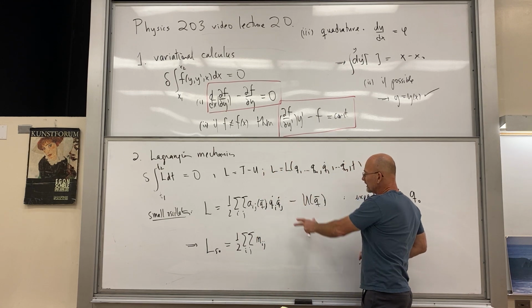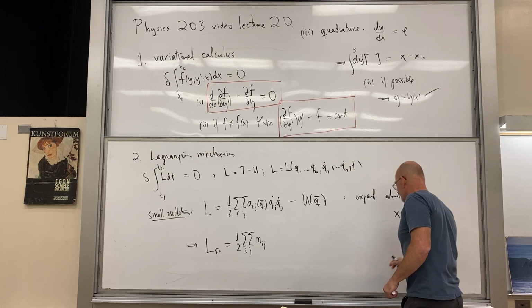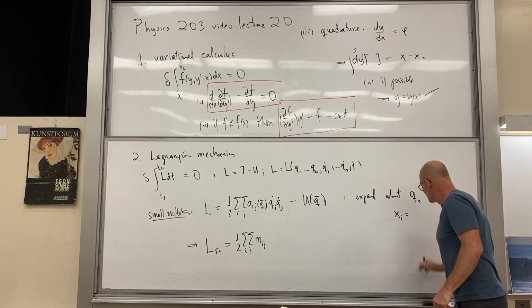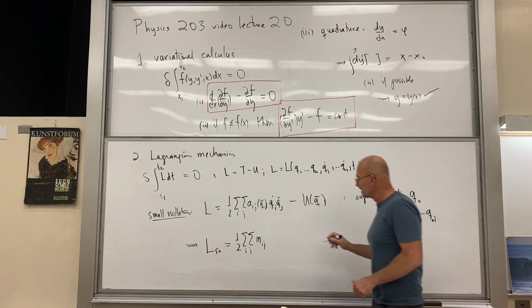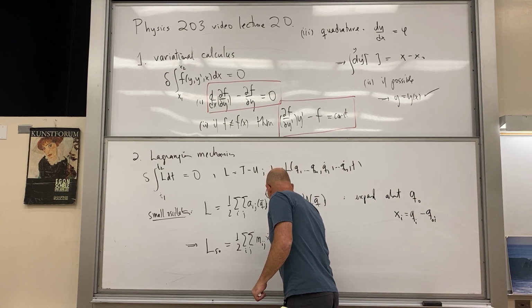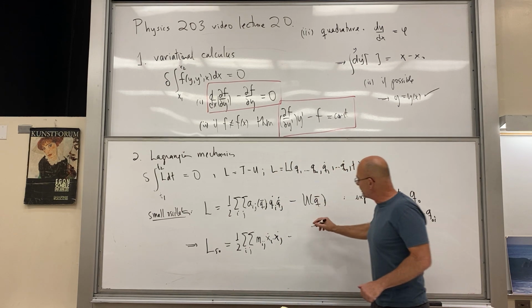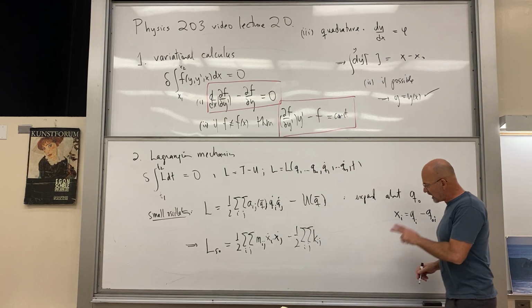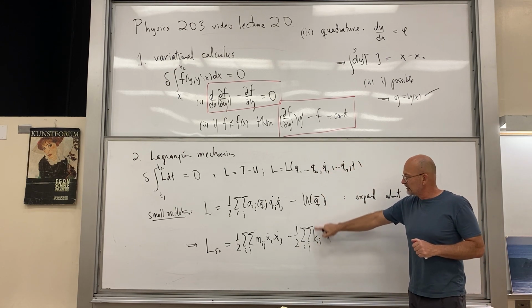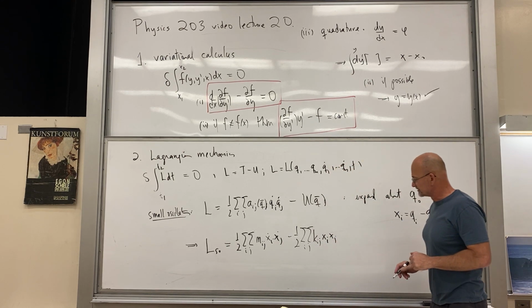The q dots become x dots, where x sub i is q sub i minus q0 sub i. You have xi dot xj dot, and then the expansion of the potential energy ended up giving us a matrix of constants, which are just the second derivatives of U with respect to xi and xj.